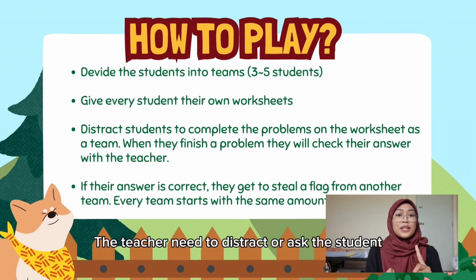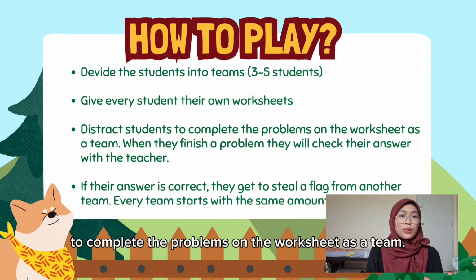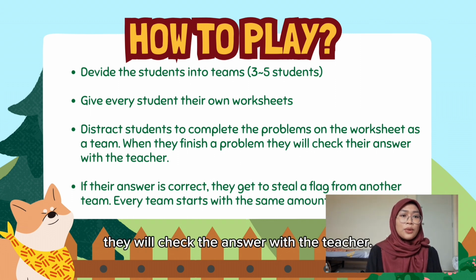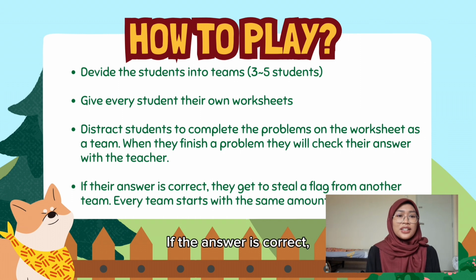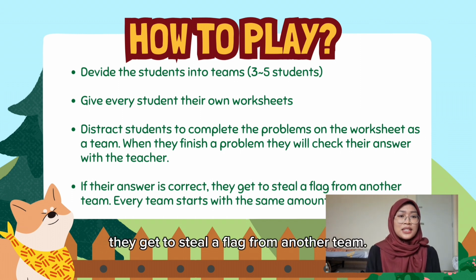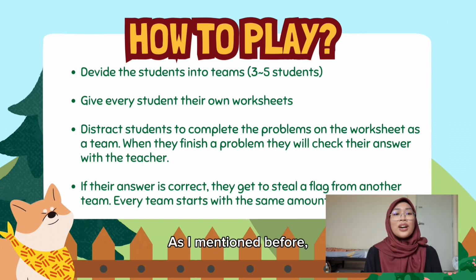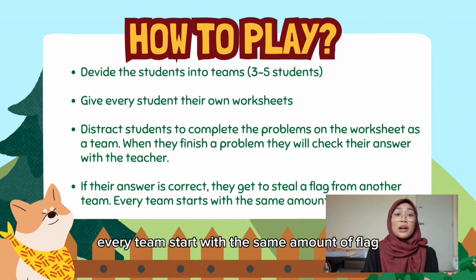The teacher asks the students to complete the problems on the worksheet as a team. When they finish a problem, they check their answer with the teacher. If their answer is correct, they get to steal a flag from another team. As I mentioned before, every team starts with the same amount of flags.